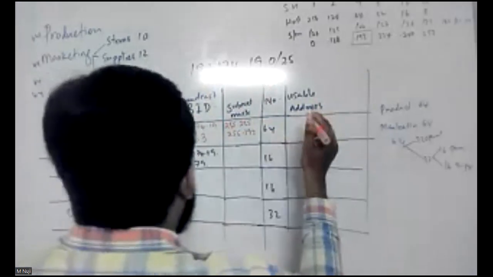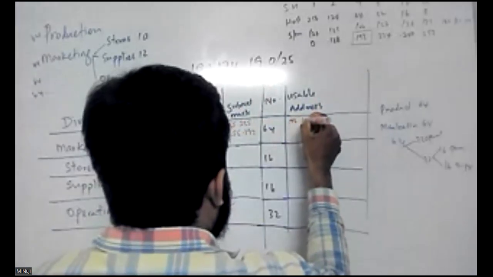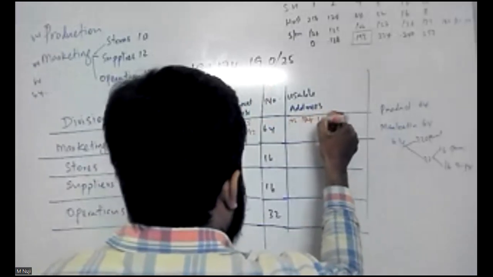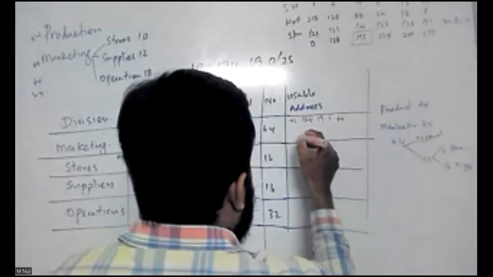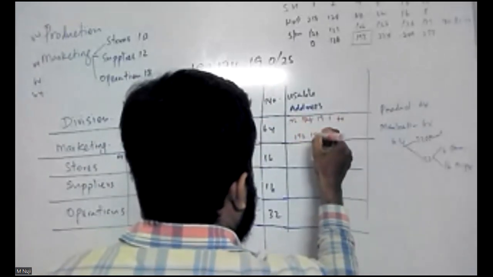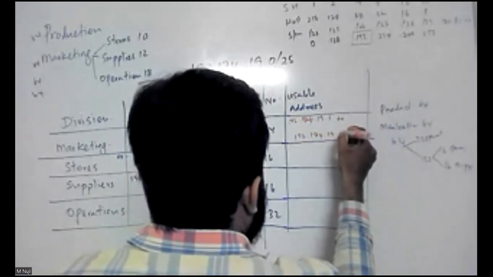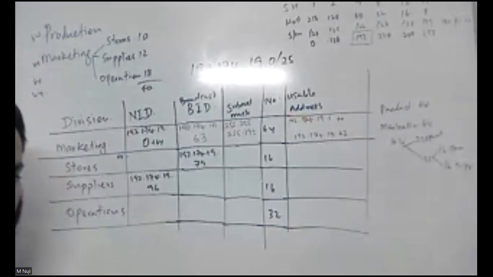And the usable IP addresses are 192.174.19.1 to 192.174.19.62. So this is your usable address.